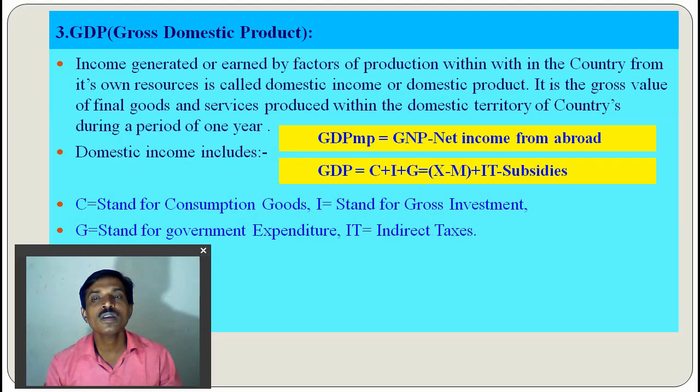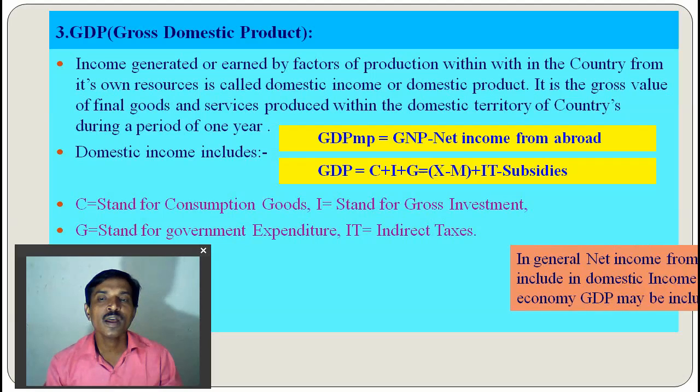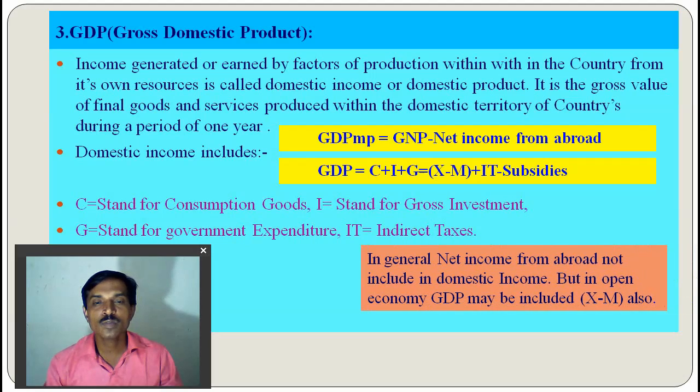So within 1 year, all final goods and services produced within the geographical boundary of the country we consider in the GDP. And in general, net income from abroad is not included in domestic income.